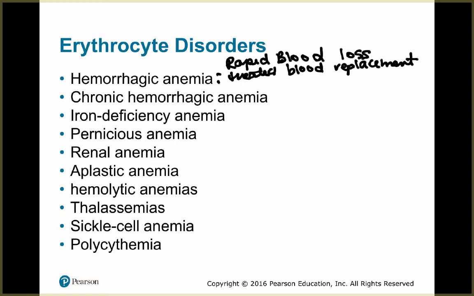Chronic hemorrhagic anemia is more of a persistent blood loss. So think of things like hemorrhoids or bleeding ulcers. So basically the primary treatment here is to stop the bleeding.